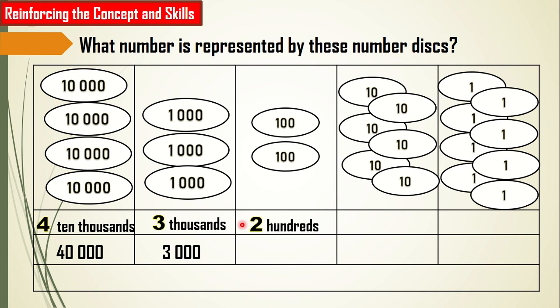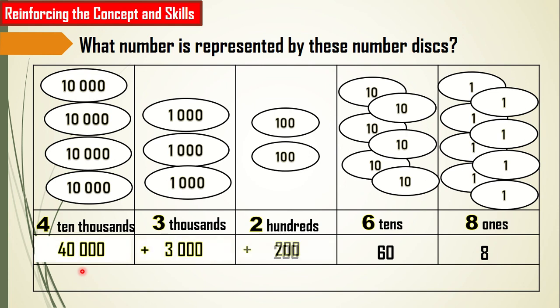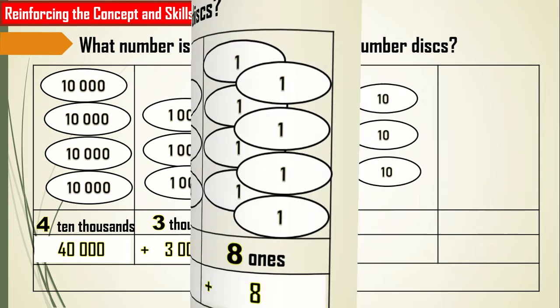We have 2 100 discs. 2 hundreds is 200. We have 6 tens. 6 tens is 60. Lastly, we have 8 ones. 8 ones is 8. Therefore, 40,000 plus 3,000 plus 200 plus 60 plus 8 is 43,268.